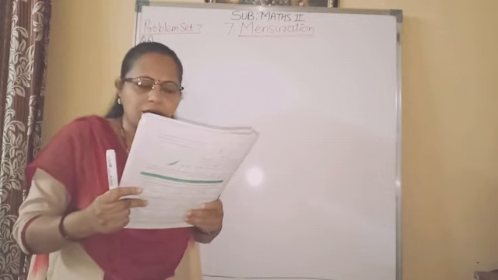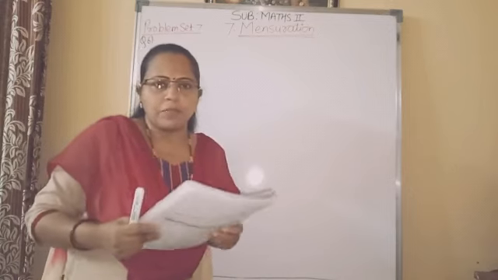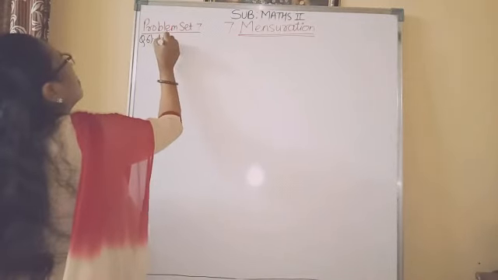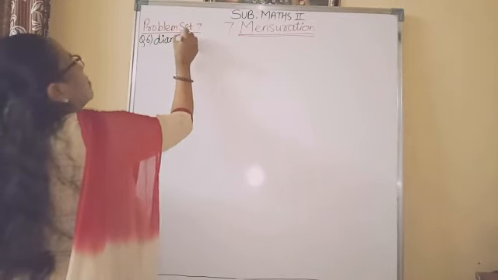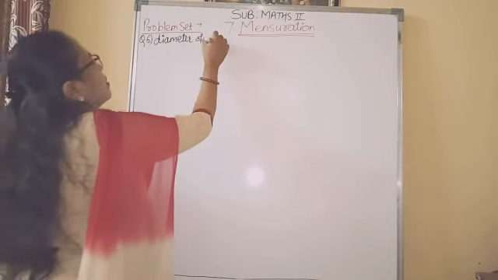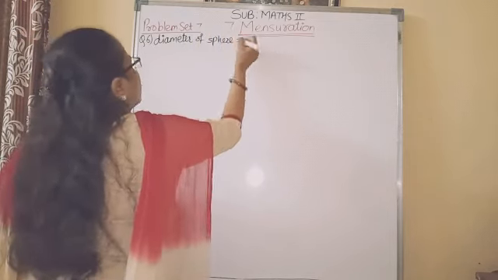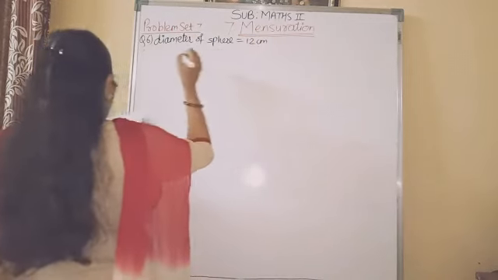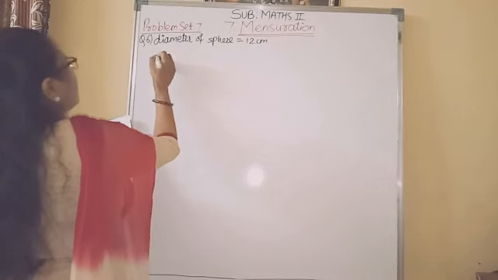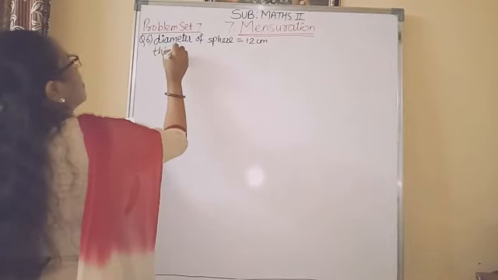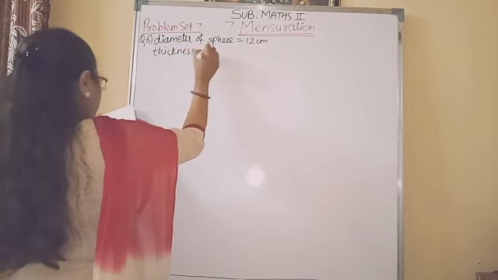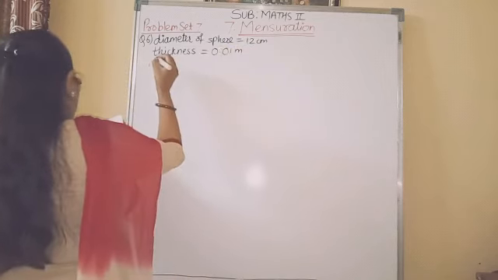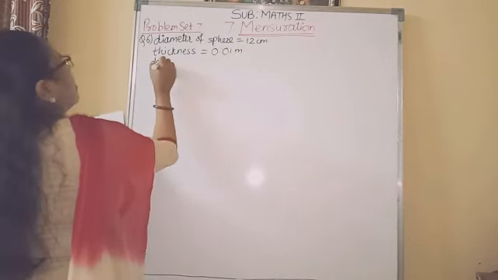Okay, so let us first write down what is given. Diameter of sphere is equal to 12 centimeter. Then thickness is given. Thickness is equal to 0.01 meter and density is given.